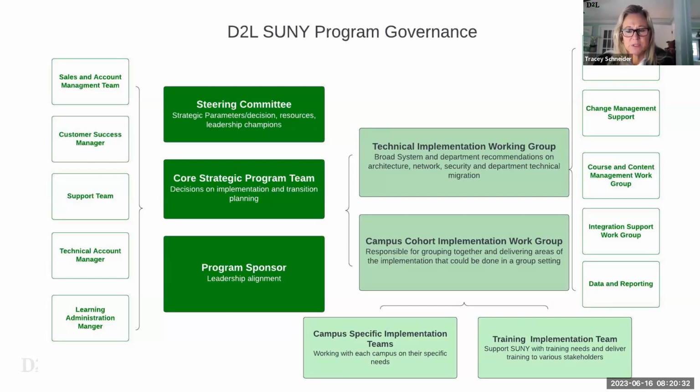So the sales account team, the customer success manager, the technical account manager, our support team. And then SUNY also decided to go with the learning administration manager to offload some of the administration duties on their side. All in all, the large group of people on the D2L side is very similar structure to SUNY's side. So we were tightly aligned and delivering on parallel work streams seamlessly.